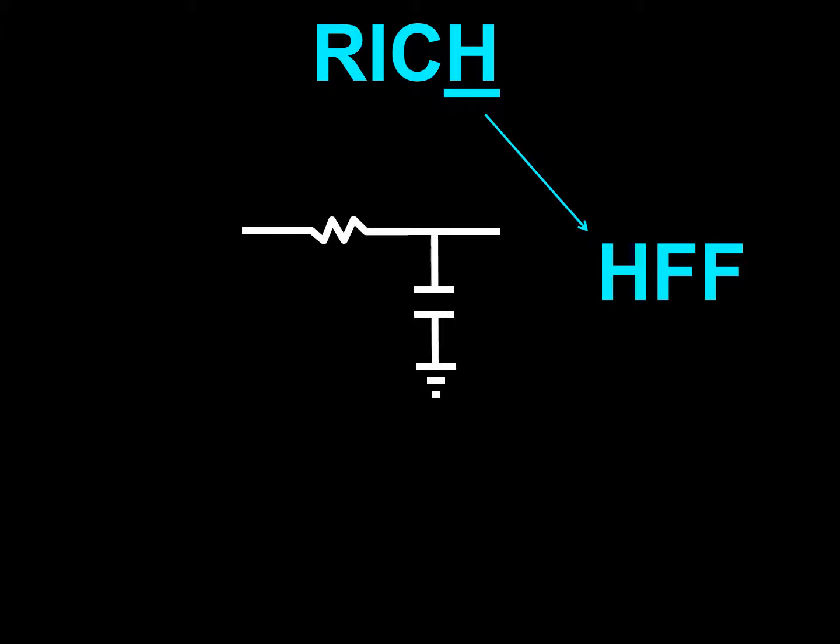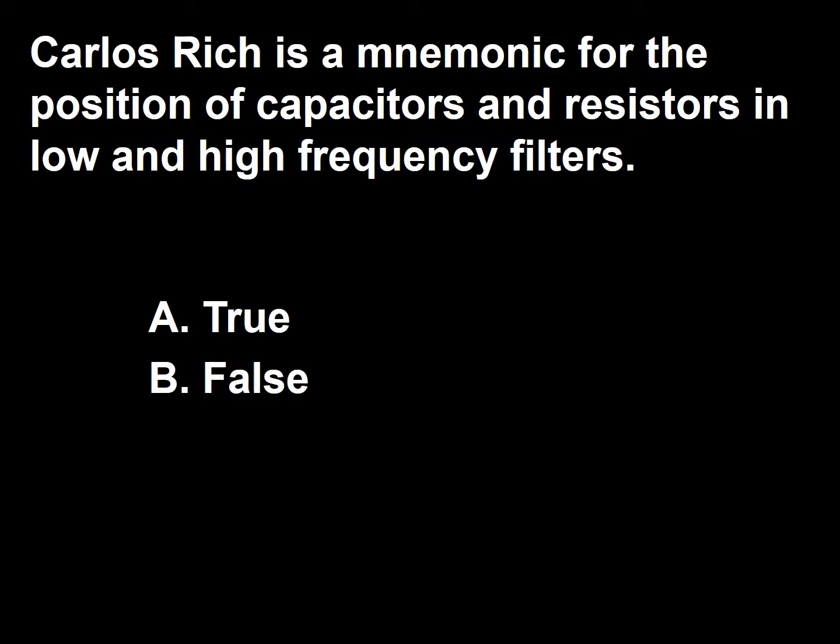The letter H stands for high frequency filter. The R indicates, since it is before C, that the resistor is the first element to come in contact with electrical current. And the C, since it comes after R, indicates that the capacitor is the second element. So the answer to this question is A, true.